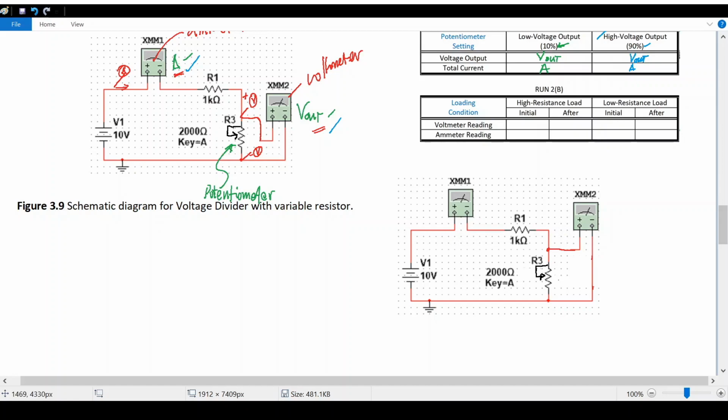We shall connect a resistance across the potentiometer, and the resistance value would be, let's see, in the experiment guide, 3 kilo ohm resistance.